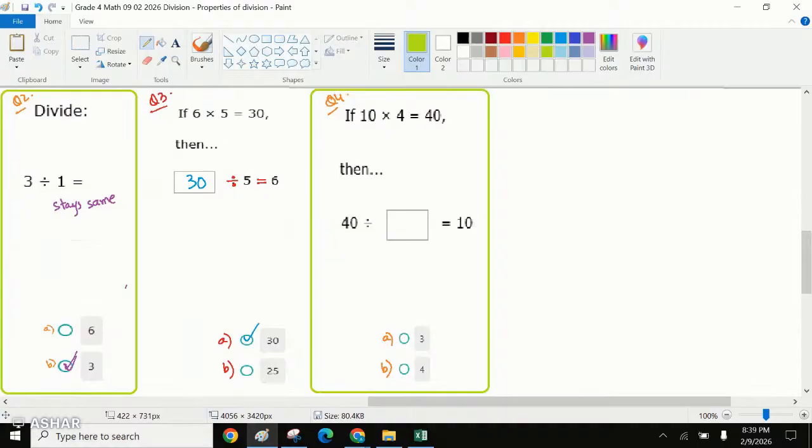Because in the multiplication fact, there is no 3. The answer for this would be, 10 multiplied by 4 is 40. Then 40 divided by which number would be equal to 10? Option A or option B?